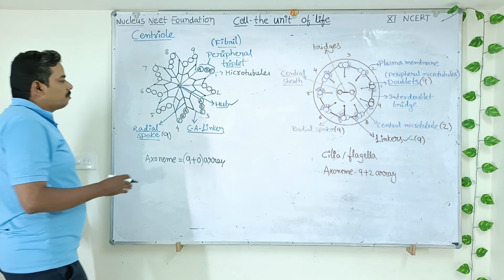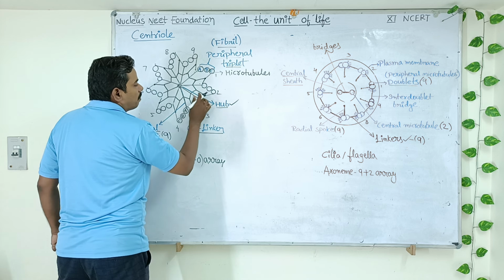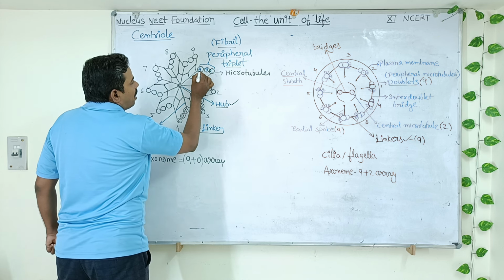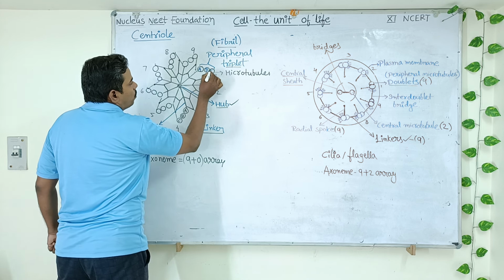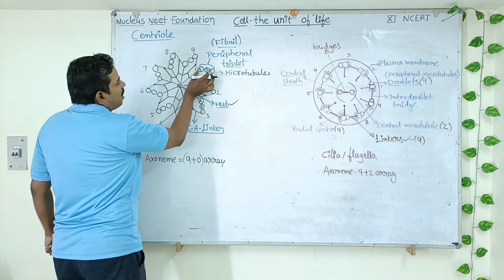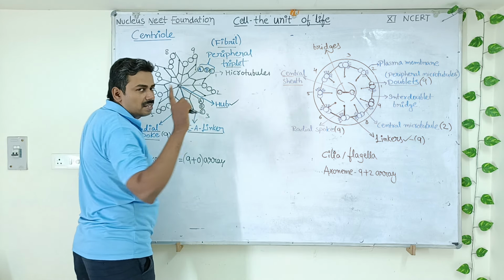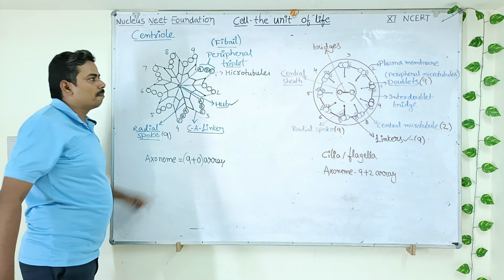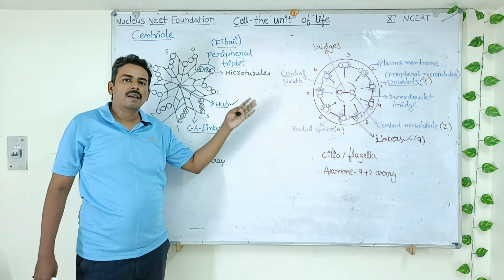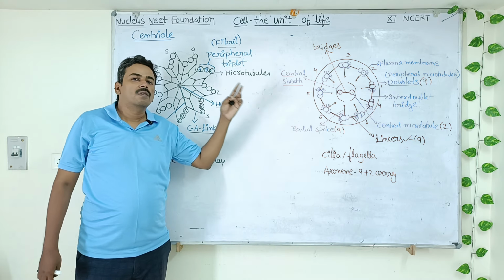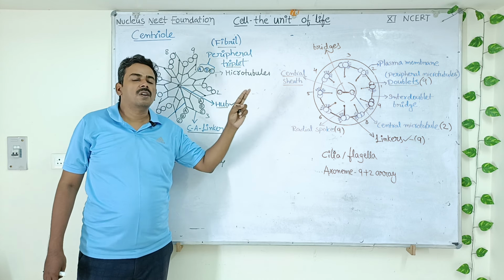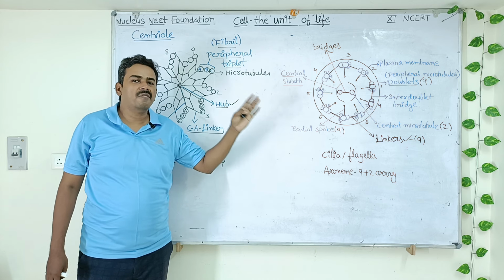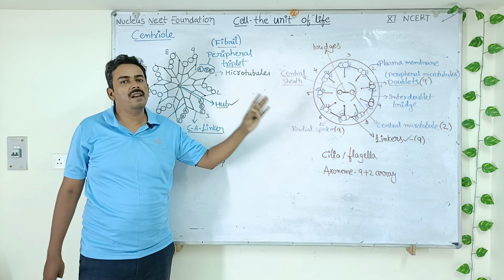Third difference, if you observe the peripheral triplets, there are A microtubule, B microtubule and C microtubule. The 3 microtubules will form a single unit of fibril which is called a peripheral triplet. But in cilia and flagella, you can see there are only 2 microtubules which are forming a unit called a peripheral doublet.